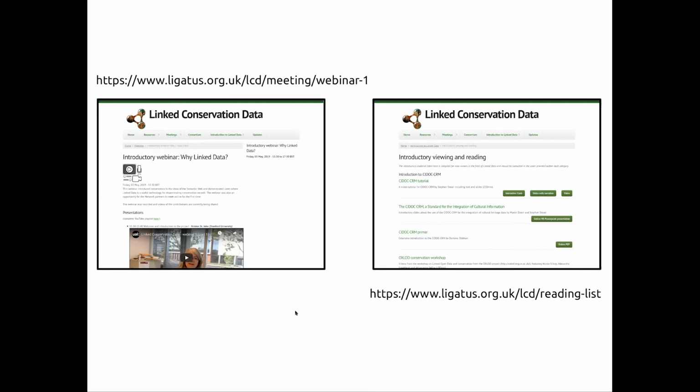But we also have a separate introduction to linked data section on the website where various documents exist. So I'm very much approaching this field from a conservator's point of view, as I trained as a conservator, and only later I got more interested in documentation and linked data.